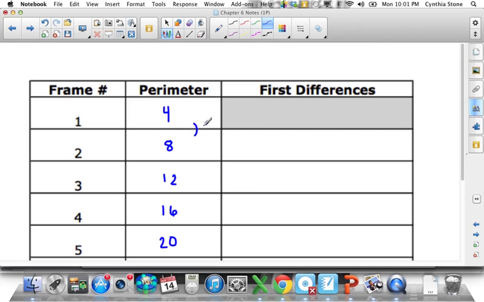And my first differences are 8 minus 4, which is 4, 12 minus 8, which is 4. First differences are constant at 4. So I made the assumption that the first differences here would be constant as well, which you can do. So that's my first differences, and so it's definitely a linear relationship.